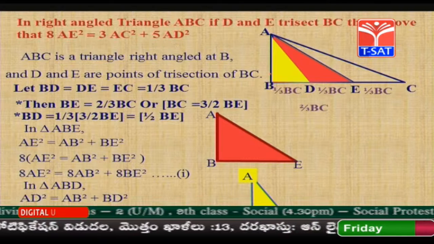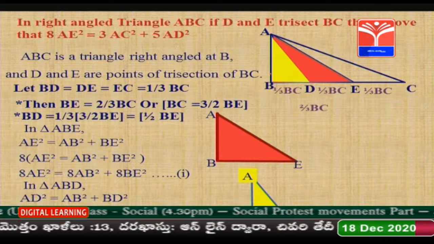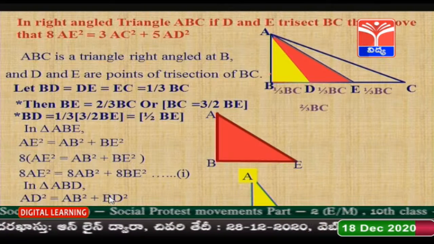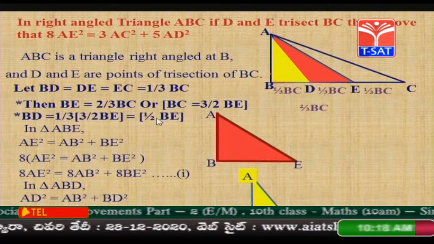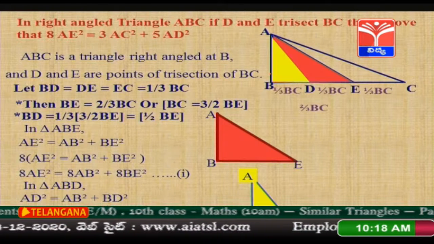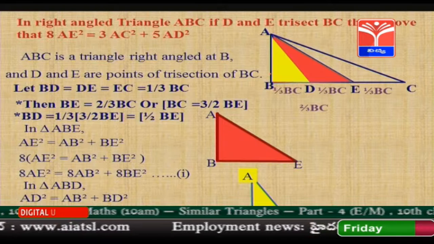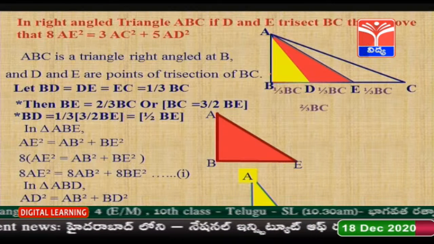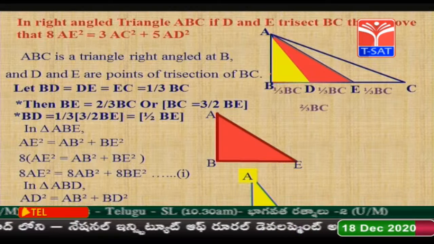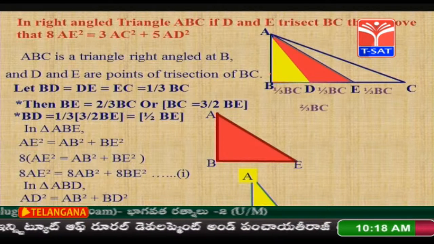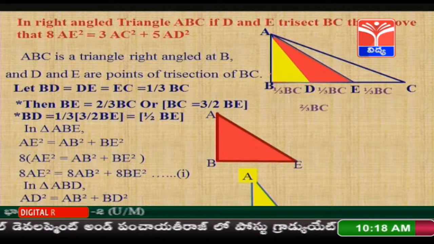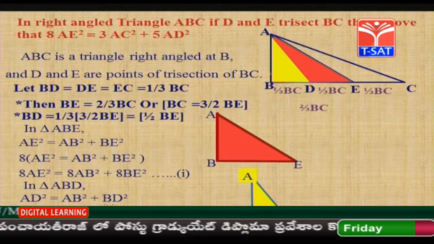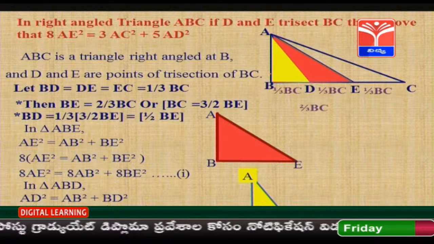So, I am multiplying the entire thing by 5, and now BD I am replacing as 1 by 2 BE, and what it becomes? 5 AD square is equal to 5 AB square plus 5 into 1 by 4 BE square. This is the second equation. See here, also I multiplied the entire equation by 5.